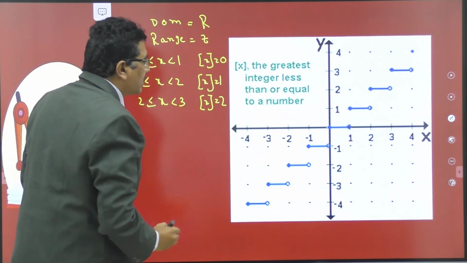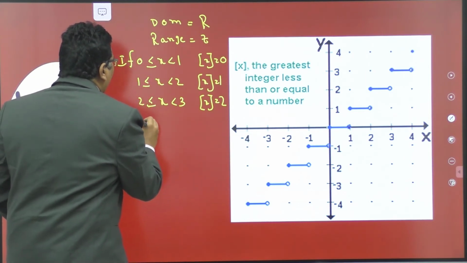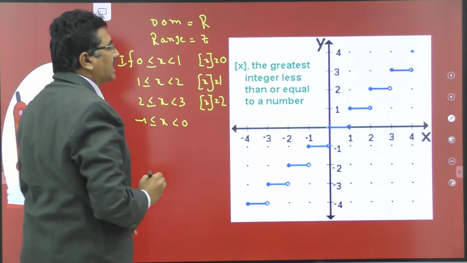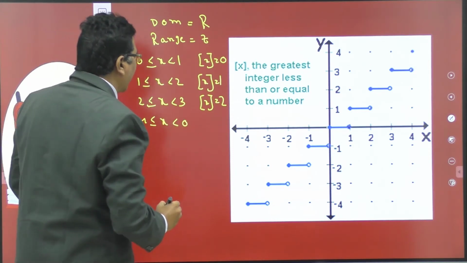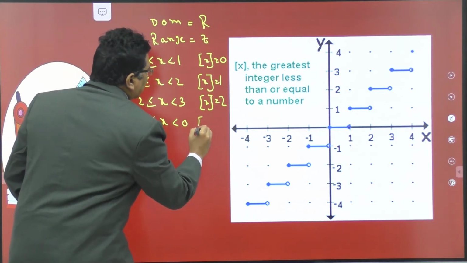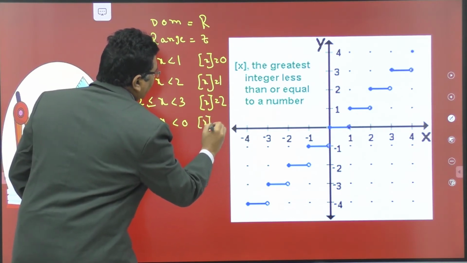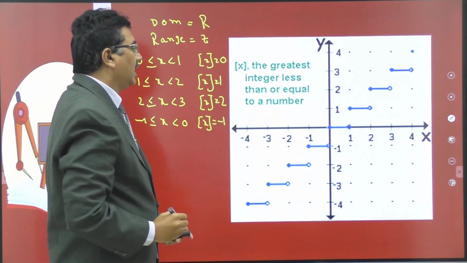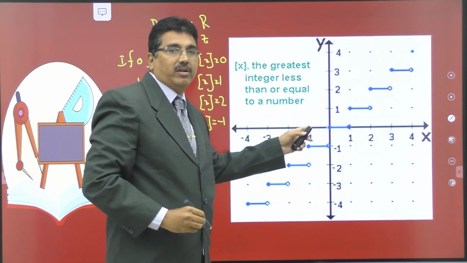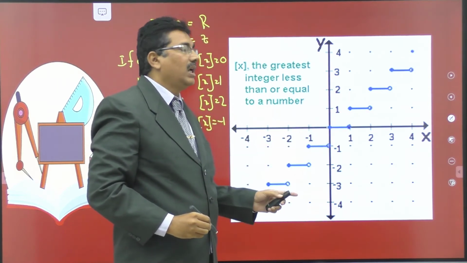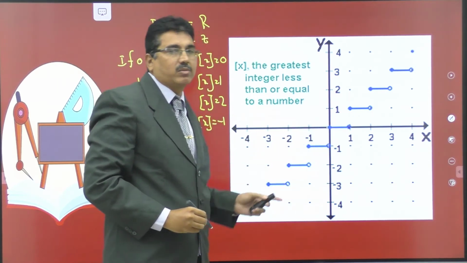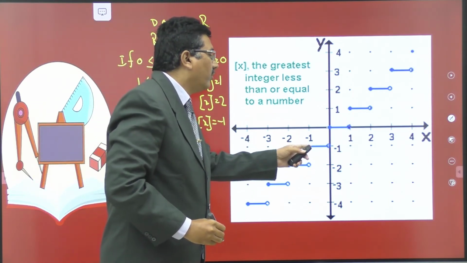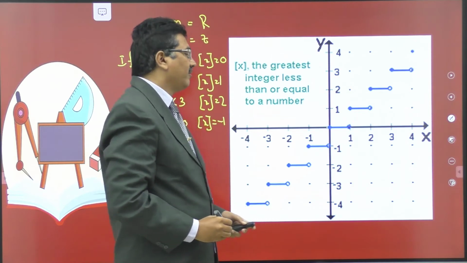Now on the negative side, if x lies between minus 1 and 0, minus 1 less than or equal to x less than 0, [x] is equal to minus 1. If we take any number between minus 1 and 0, the integral part is minus 1. So in this interval, the graph is y equal to minus 1.